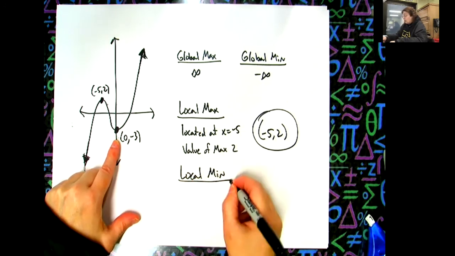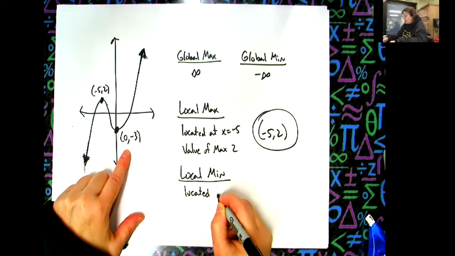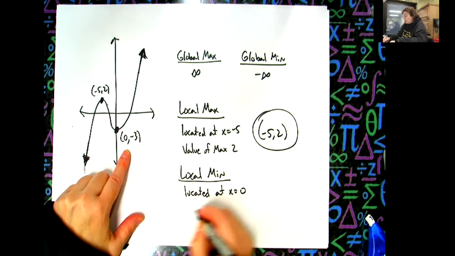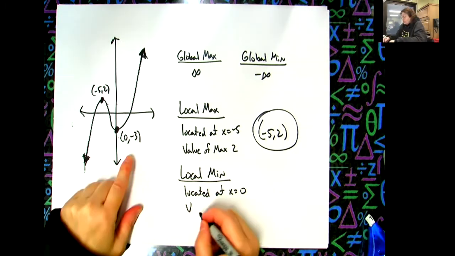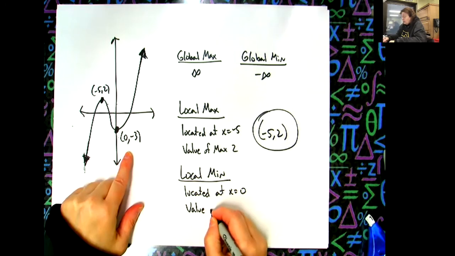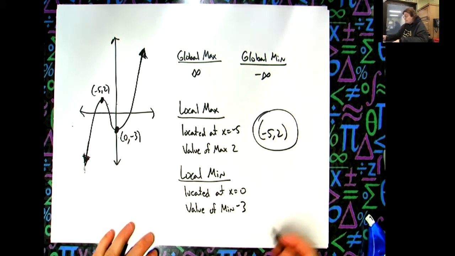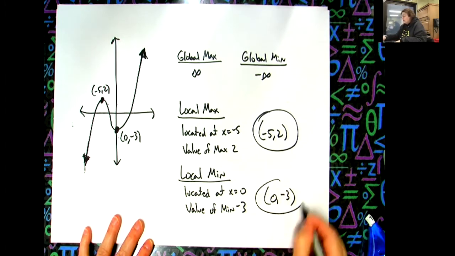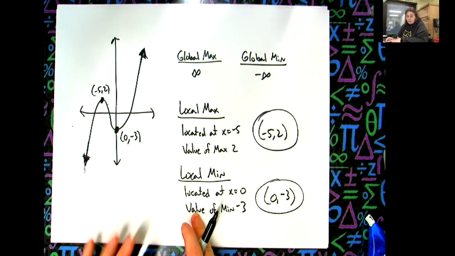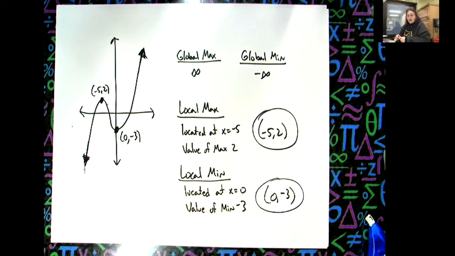If you're writing it for your pre-calc homework, you're going to say it's located at x equals 0, has a value, excuse me, I knew I was going to sneeze there. It's going to have a value of my minimum as -3. And again, eventually I'm going to let you write it as an ordered pair. Your homework in the book, because of the way the book is set up, is always going to ask where it is located and what the value is.